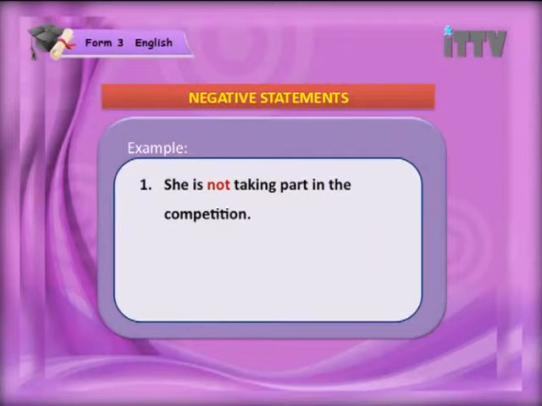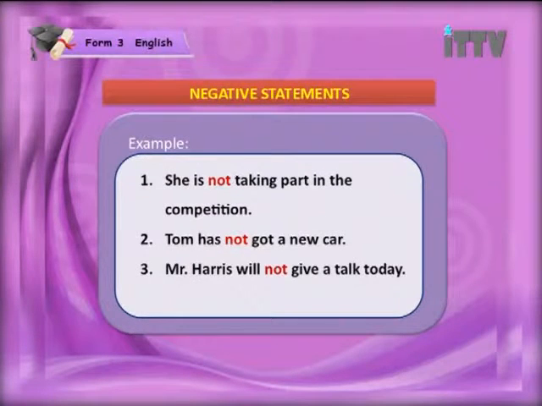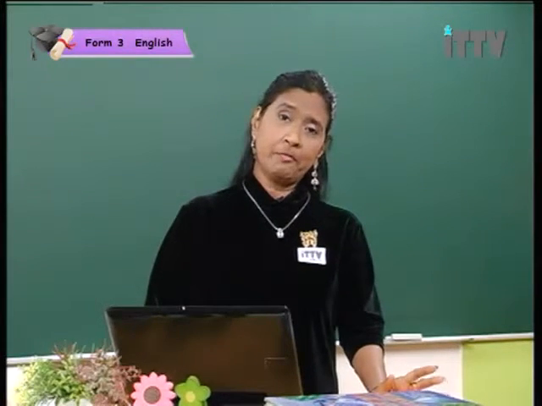Number 1, she is not taking part in the competition. That's negative. Number 2, Tom has not got a new car. Next, Mr. Harris will not give a talk today. So that is negative. The opposite of positive statements are negative statements.